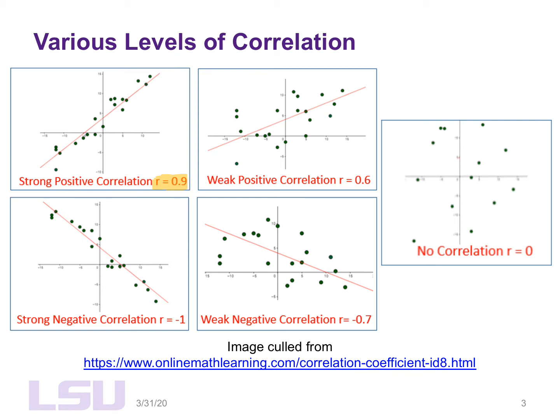This one is weaker. It's also positive because R is positive, but it's 0.6, much less than 1, right? So the data is a little farther from your line, and that's a weaker positive correlation.